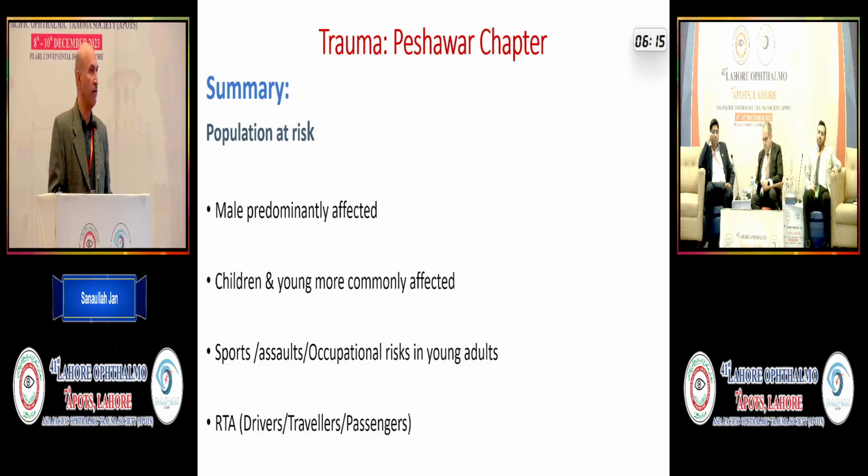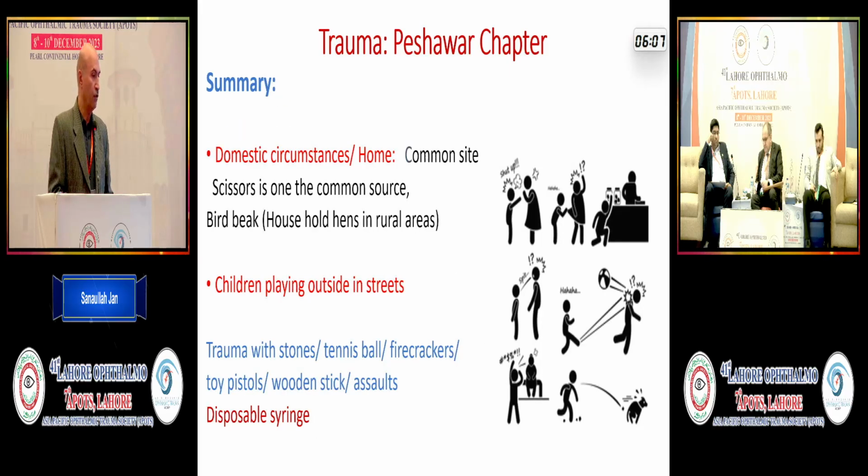Then road traffic accidents due to poor traffic laws and regulations and their implementation. Then talking about Peshawar and our province, what comes to mind is probably the fighting and the bomb blast injury, but we found in all these studies that domestic circumstances and home is the most common site for receiving this injury.